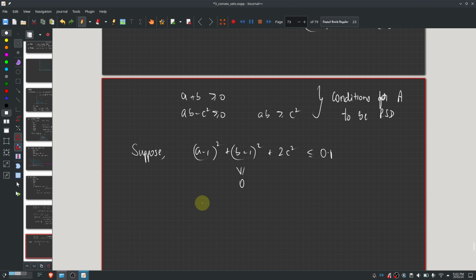A, B, and C. We can check the eigenvalues of the matrix. Okay, but how does that help? So I want to show that for every A, B, C satisfying this particular condition, it also satisfies these two conditions.